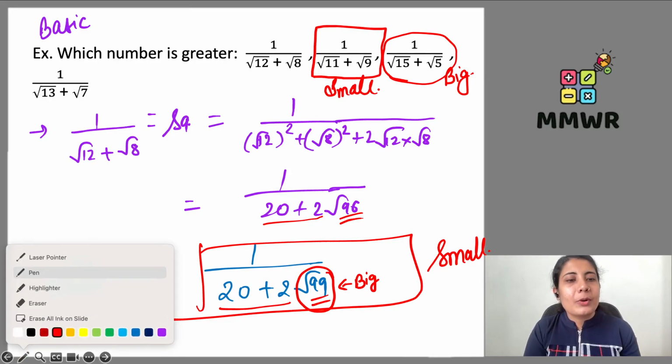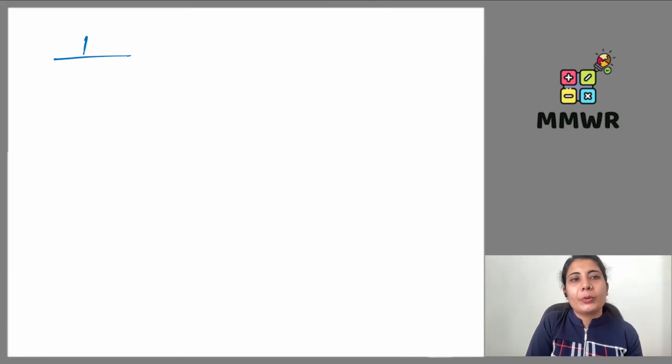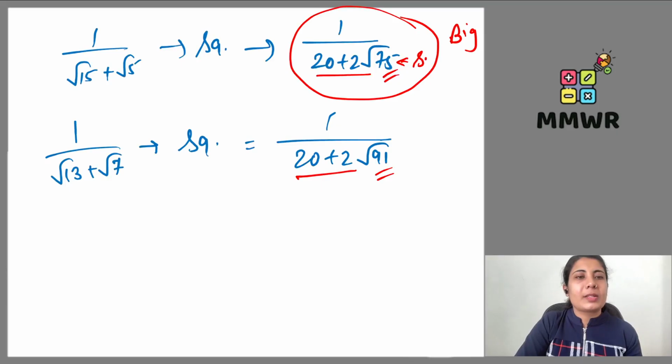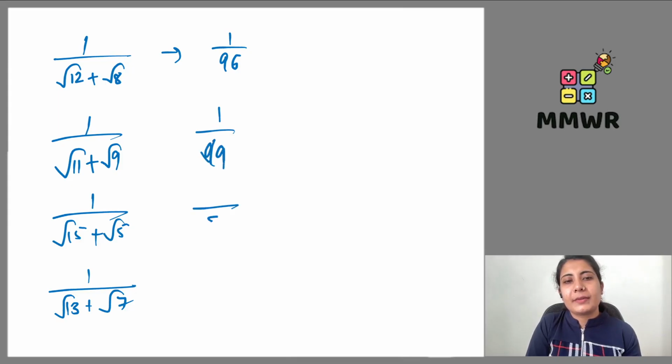So करना क्या है आपको? सिर्फ इसको simplify करने के लिए look, 1 upon root 12 plus root 8, 1 upon root 11 plus root 9, 1 upon root 15 plus root 5, and 1 upon the last one is 13 plus 7. You simply have to take the product. So 12 8s are 96, this is 99, this is 75, and this is 91.